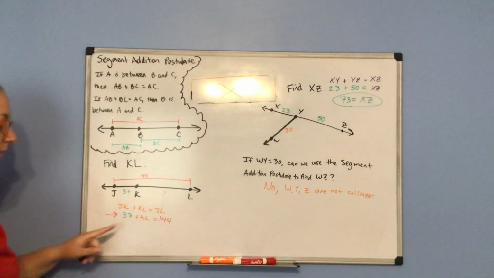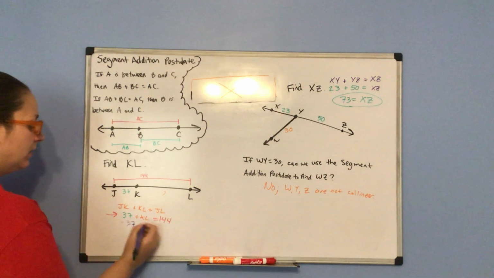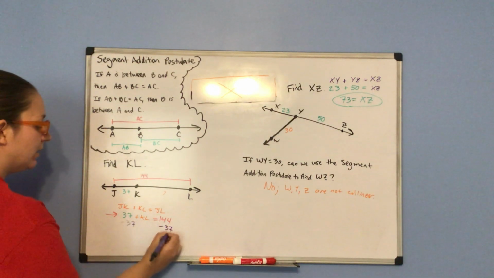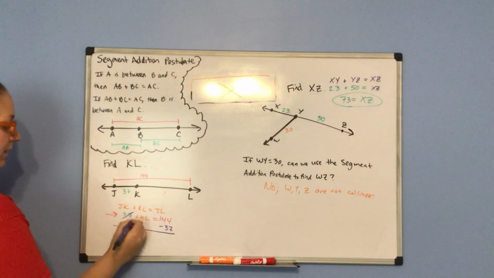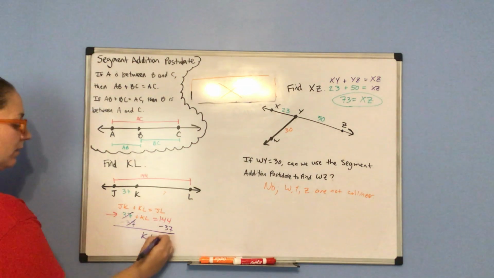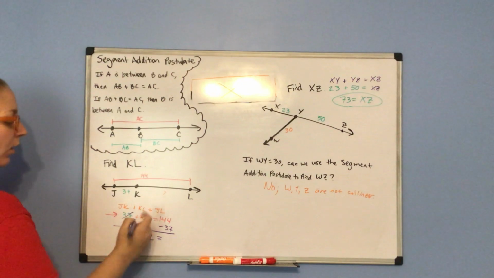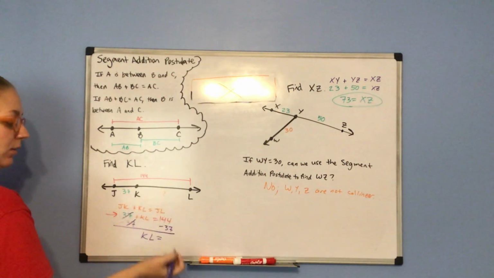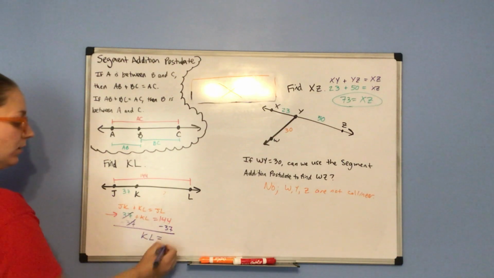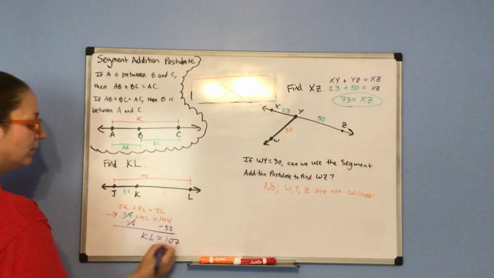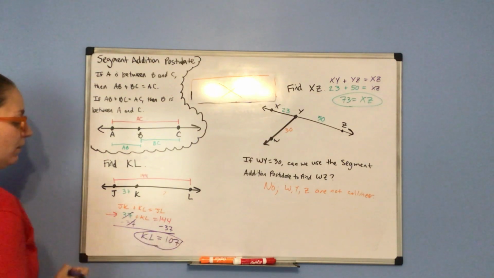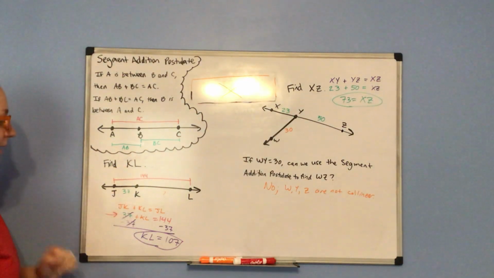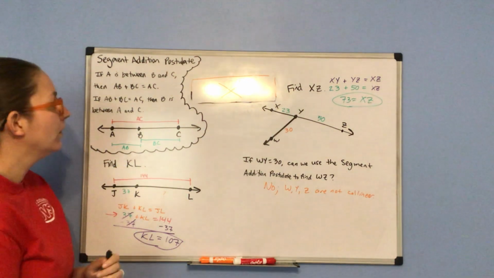I need to undo adding 37. So to undo adding 37, I subtract 37 from both sides. From here, it works like a lovely algebra problem. 144 minus 37. You can do this in your head, use a calculator, whatever works for you. It's going to be 107. We have found the length KL, which is what they asked for, so we are done.